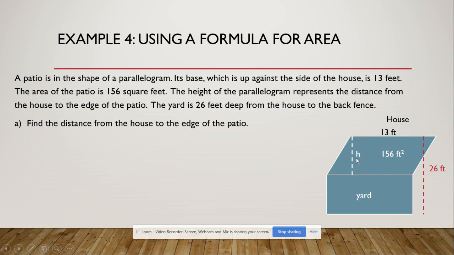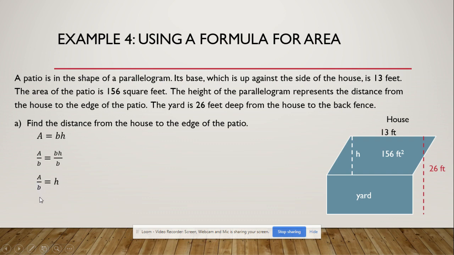So in order to find that, we're going to use the equation for the area of a parallelogram. Because we've got the area, we've got the base, we just don't know the height. Now, in order to get an equation that'll tell me what the height is, I'm going to solve for h. We've got h times b. I'll divide both sides by b, so that now I've got the height is equal to the area over the base.